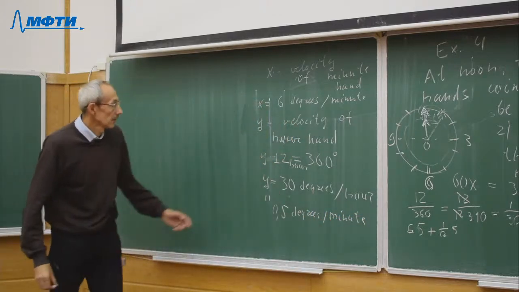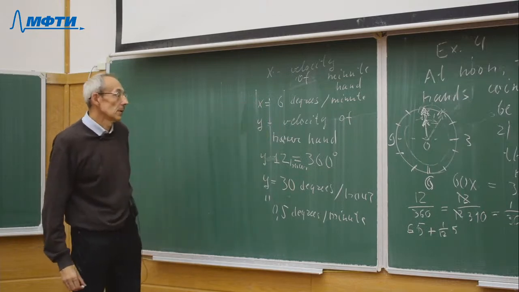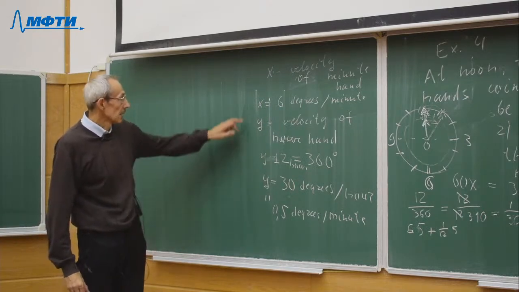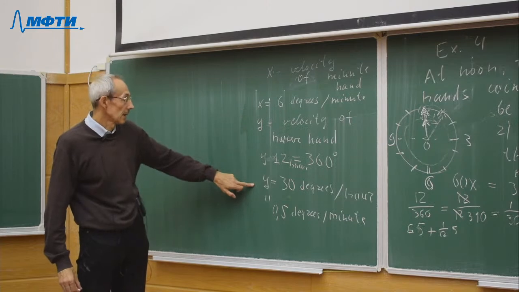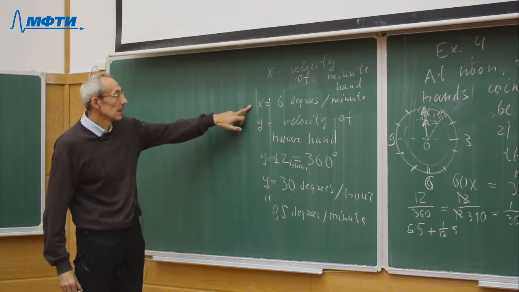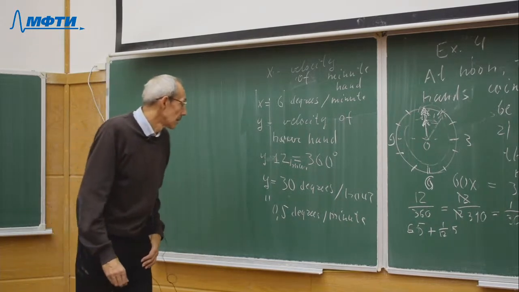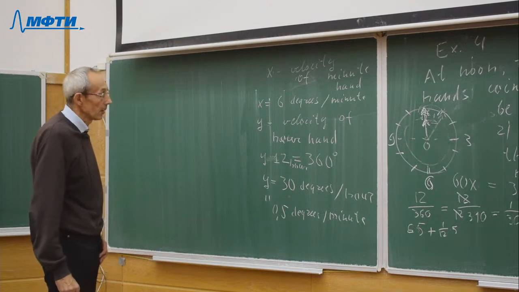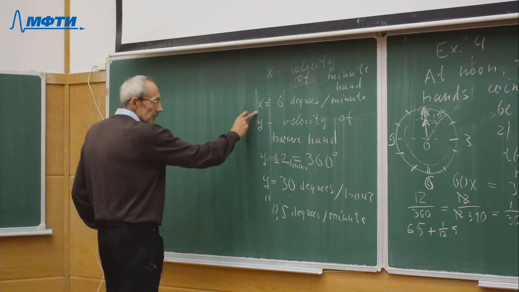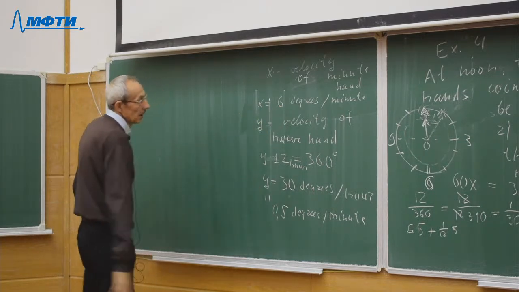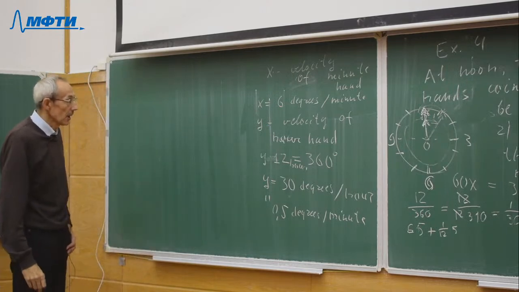And we have two values, x and y. x is the velocity of the minute hand and y is the velocity of the hour hand.